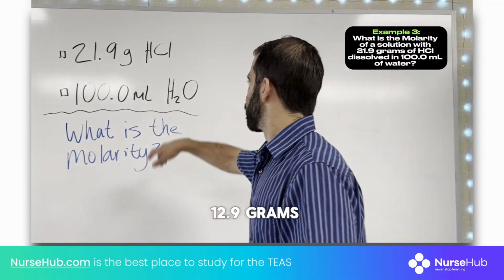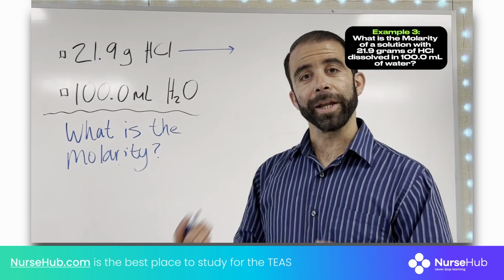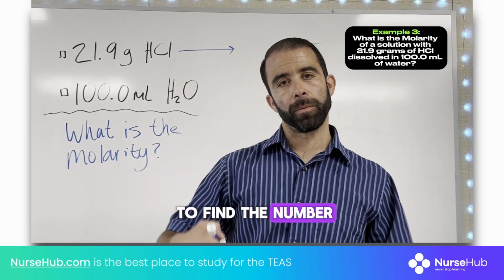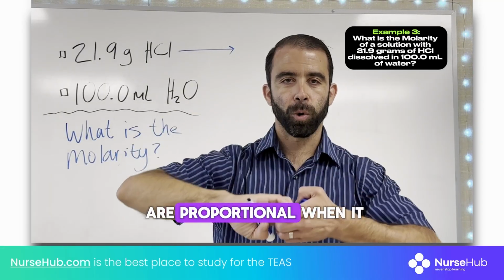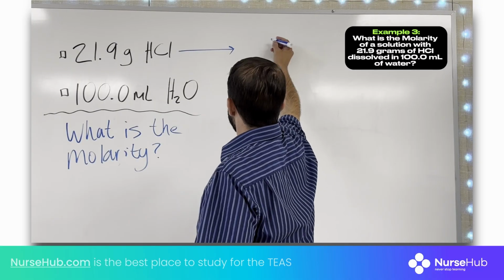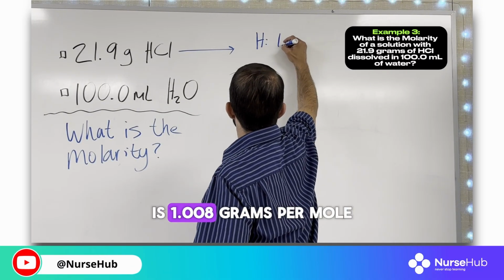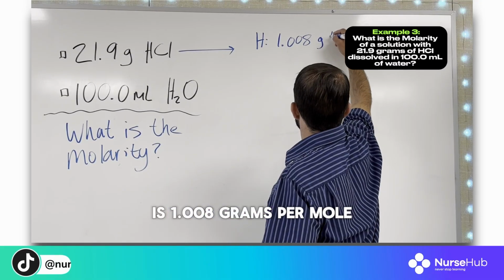Here we go. 21.9 grams. Let's figure out how many moles that is. We know that if we find the molar mass of HCl, we can use that to find the number of moles, because grams and moles are proportional when it comes to molar mass. So 1 gram of hydrogen is 1.008 grams per mole.